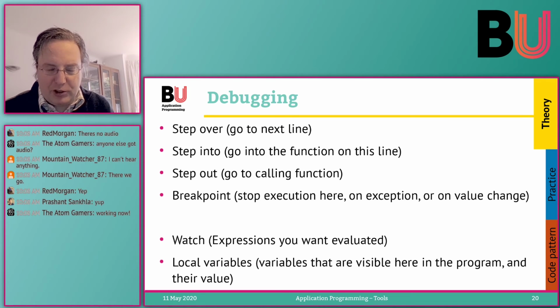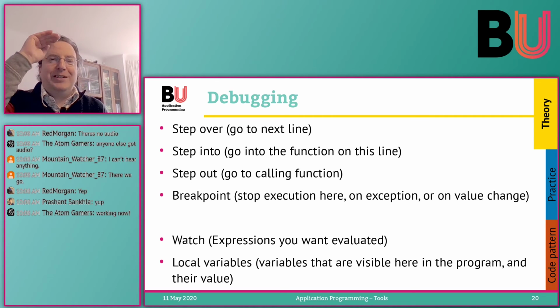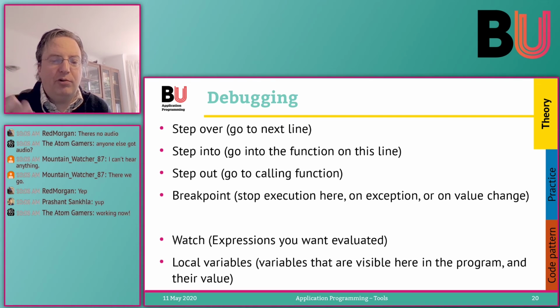The key parts, though, that you do need to know are step over, which goes to the next line of code, and step into, which goes into the next function on this line, so it goes into function calls, where step over doesn't. IntelliJ or Android Studio has a smart step into, so you can say, okay, there's a number of functions on this line that I want to go into.